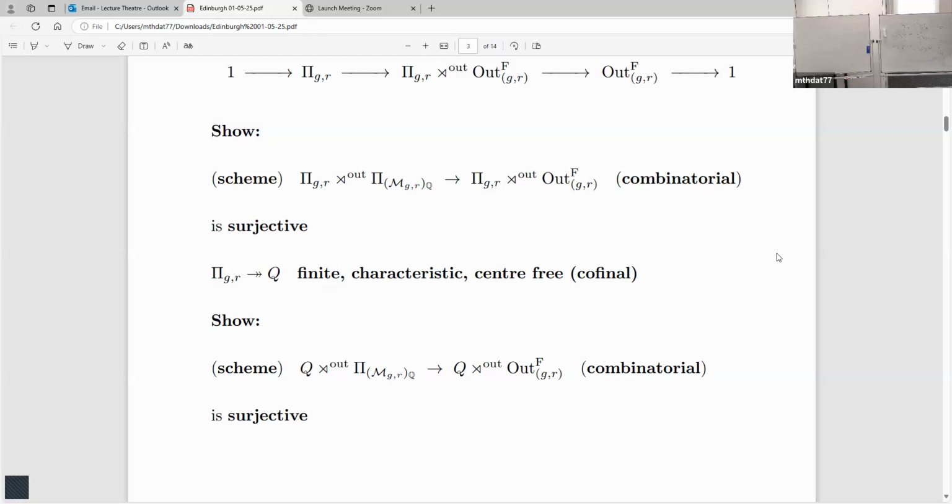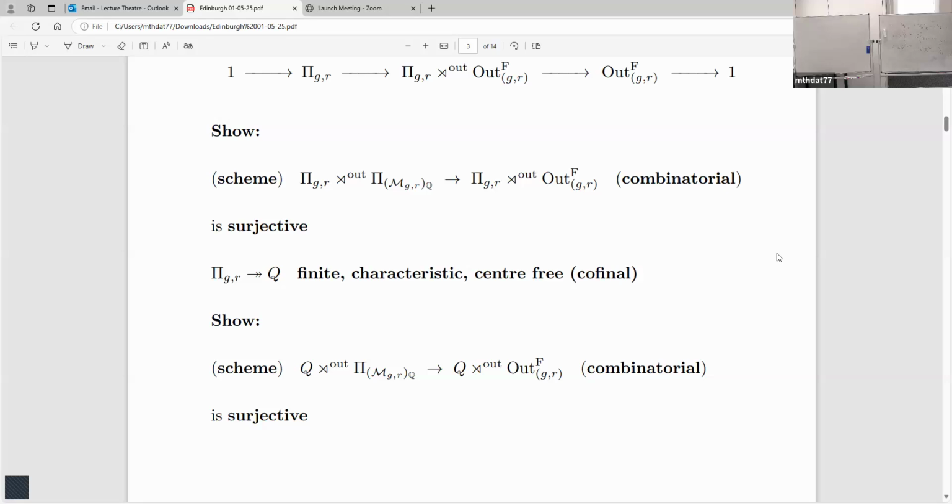If you have such a quotient, because it's characteristic, Pi MGR and Out F GR also act on such a quotient, and you can form, via outer automorphisms, the outer semidirect product, and you still get such maps, and we want to show that such a map is surjective.